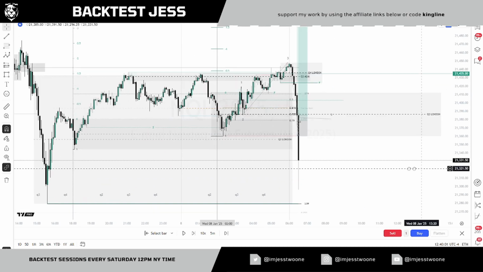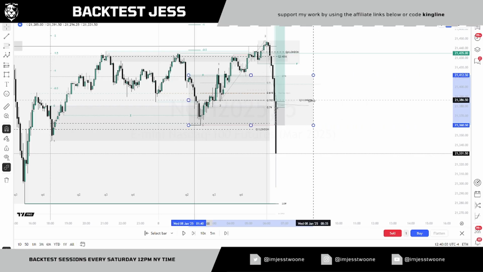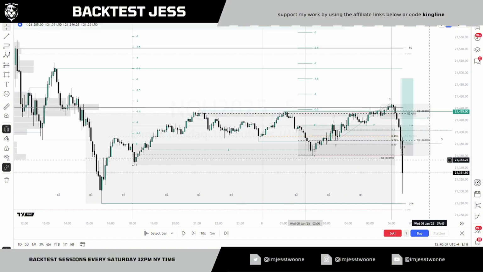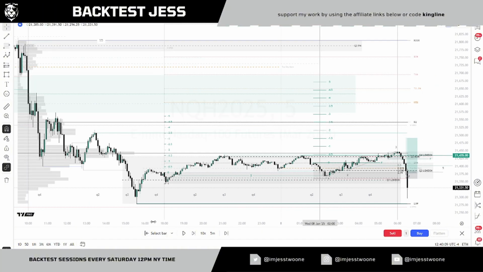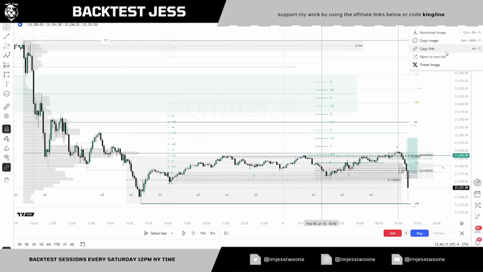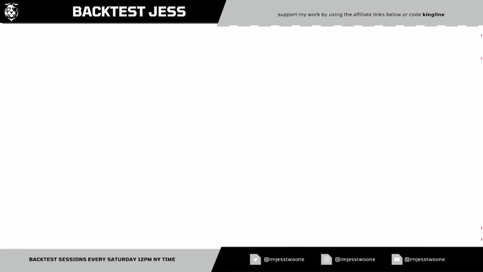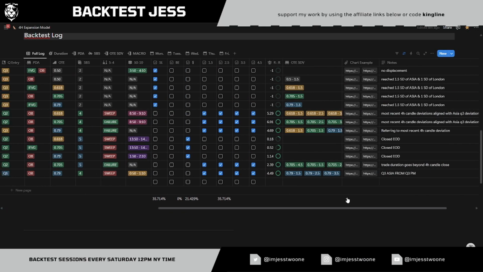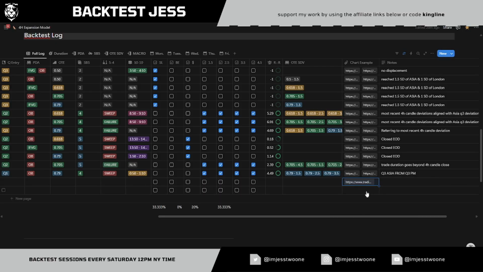Move all this in. All right, so first we need the narrative. So we want to see previous day high to previous day low. And because it's two different entries of 0.705 and 0.79, it will be tracked as two different trades as well.